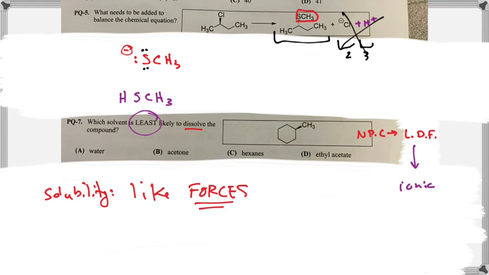So what I will do is scan through, and when I see names like this, technically you should be able to get hexanes, and you should be able to get water too. But ethyl acetate and acetone, those two compounds, their naming, acetone is a common name, not IUPAC. You're not responsible for common names, period.